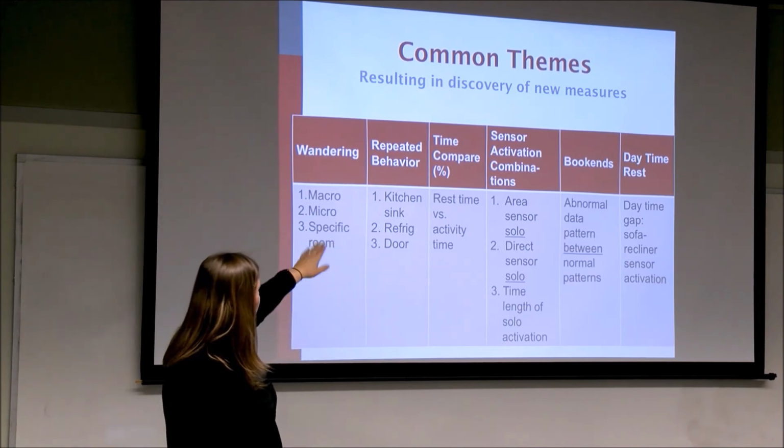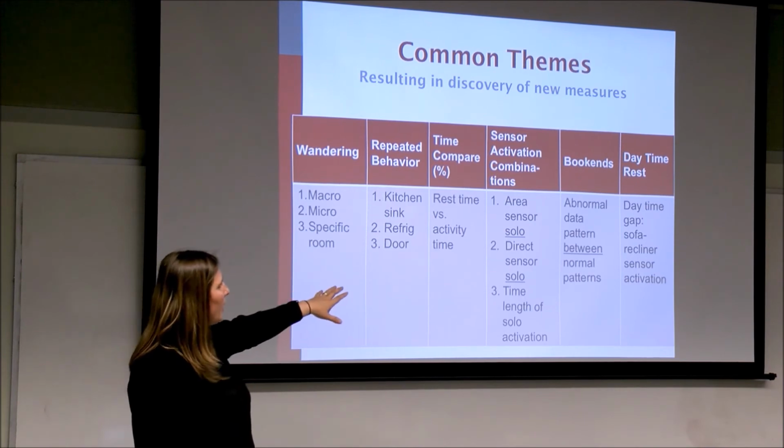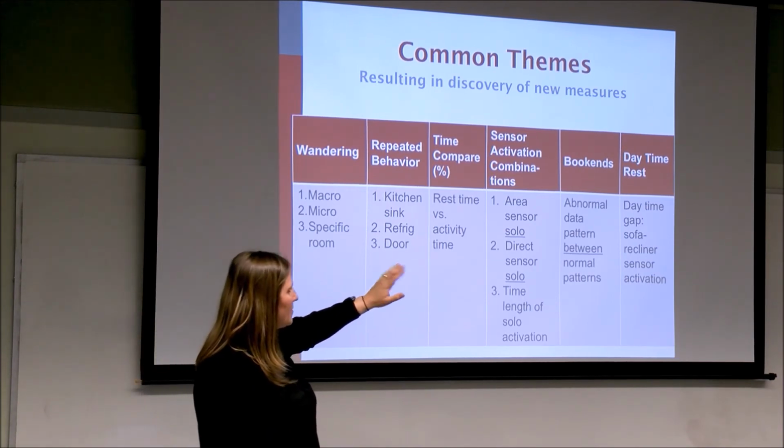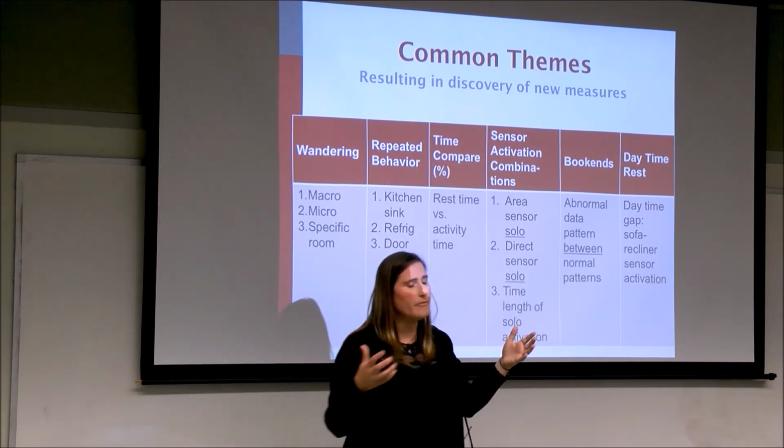I'm going to skip to, because I think repeated behaviors and time comparisons are pretty easy to understand. I talked a lot about sensor activations. Daytime rest is easy to understand, but this idea of bookends is evolving in my thoughts.